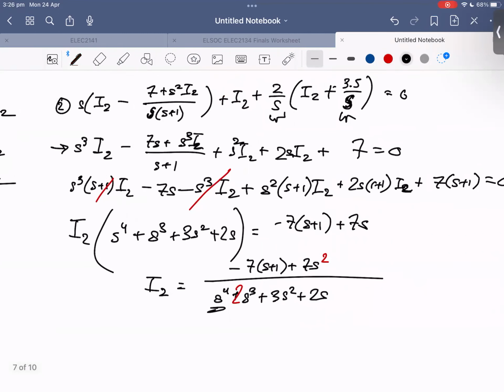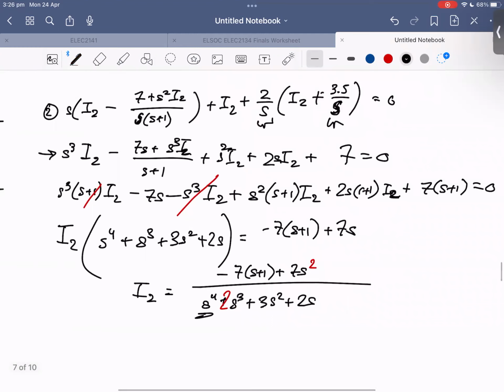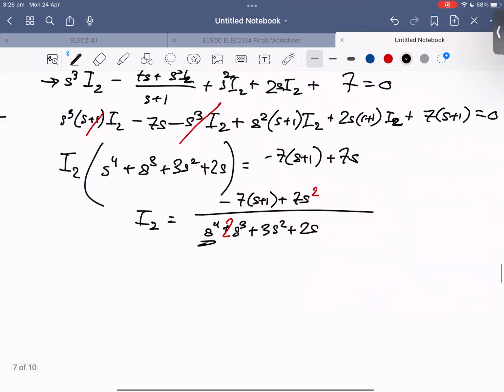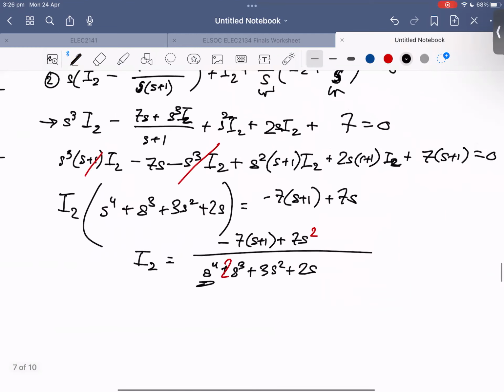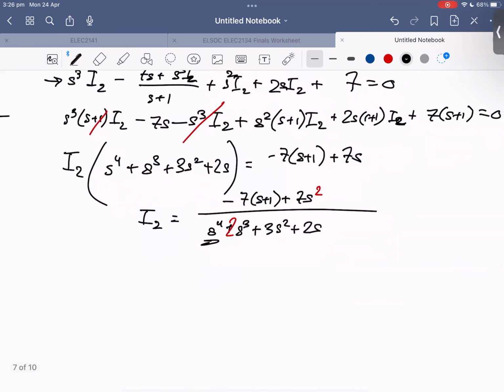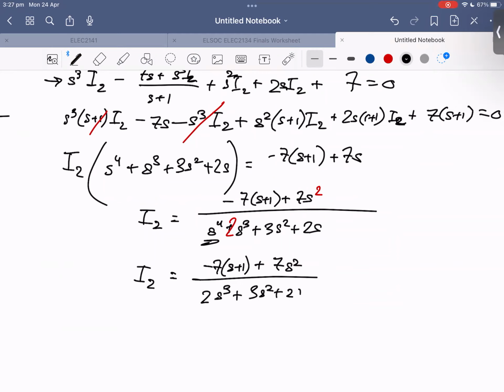Okay. I'll have to look at what I did because I literally cannot find where I went wrong. But I did this last night and simulated it just to make sure. So it should be I2 equals -7s plus 1 plus 7s squared. And then on the bottom should be 2s cubed plus 3s squared plus 2s.